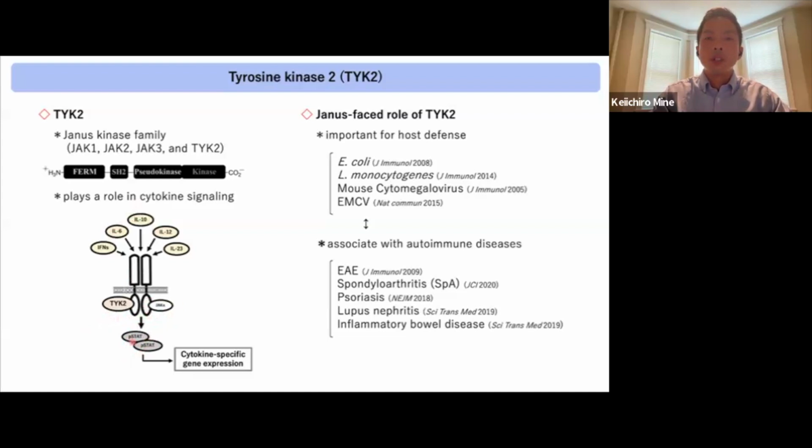These recruited STATs are phosphorylated and translocated to the nucleus to regulate cytokine-specific gene expression and cytokine secretion. TYK2 is important for antiviral and antibacterial defense. However, TYK2 is also involved in the pathogenesis of autoimmune diseases and is a potential therapeutic target for them.